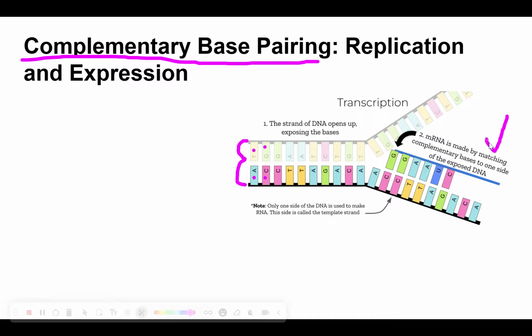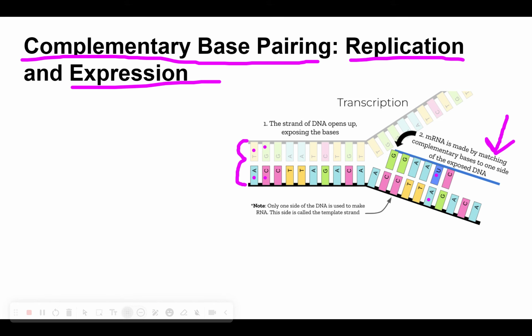Here, you can see mRNA matching up with part of the DNA strand, and here you'll notice that A pairs with U. But this idea that the pairing can occur is important for the 2 processes that DNA and RNA are most involved in: replication and gene expression.